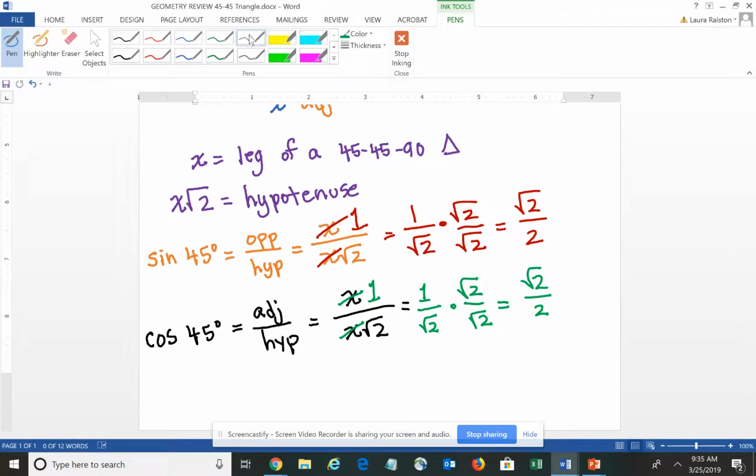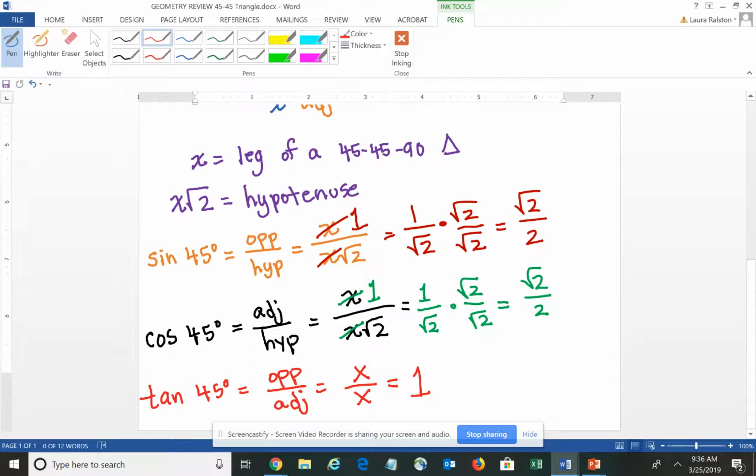Finally, if we take a look at the tangent, the tangent of 45 degrees is the opposite over the adjacent. We would have x divided by x, and I hope you realize that that would simplify to 1.